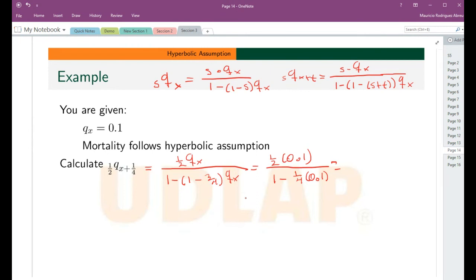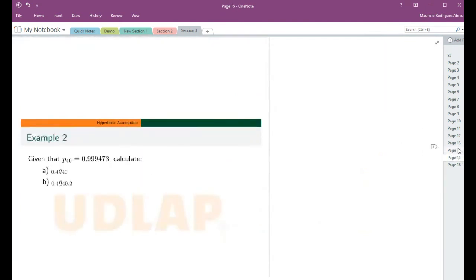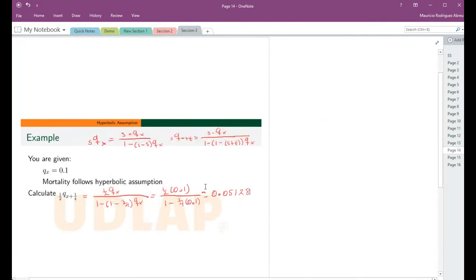So again, I don't know the value. What's the value that we should get? I don't have it here. Yes, I have it here. And now let's see. Sorry, I should wait.